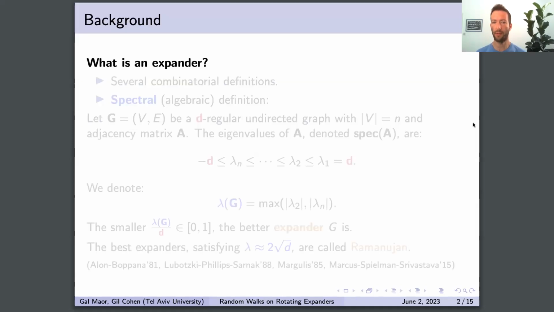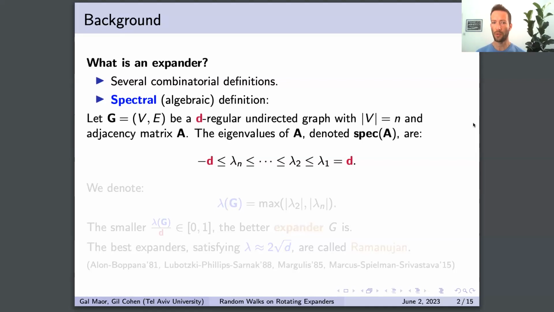So what's an expander? There are several combinatorial definitions, such as vertex expansion and edge expansion. I will focus on the spectral definition of expansion, which goes as follows. I have an undirected n-vertex d-regular graph G, and I denote its adjacency matrix by A. G is undirected, so A is symmetric, so it has n real eigenvalues, also called the spectrum of A. And I can order them and name them lambda 1 to lambda n.